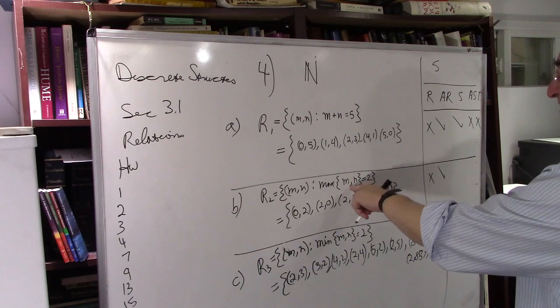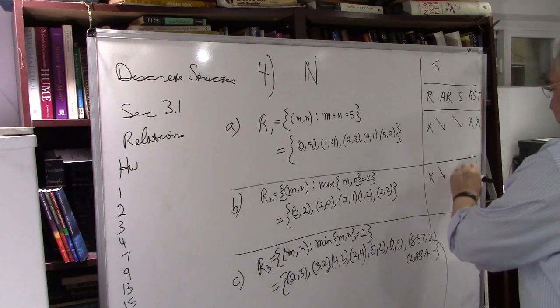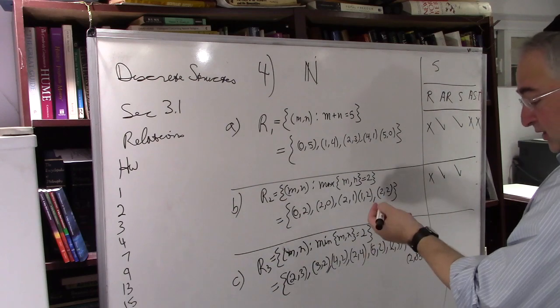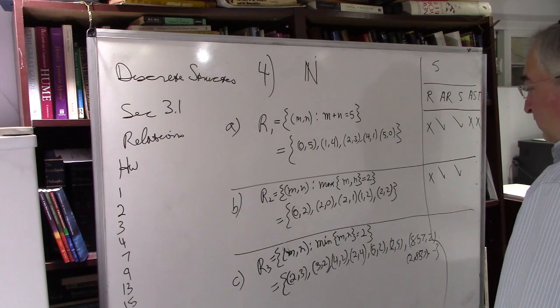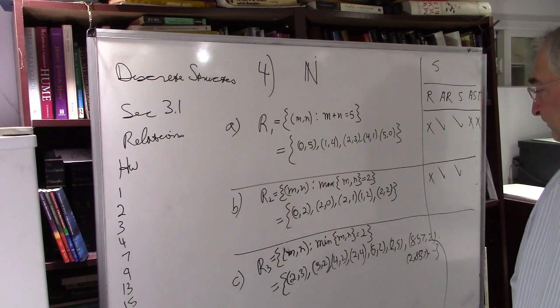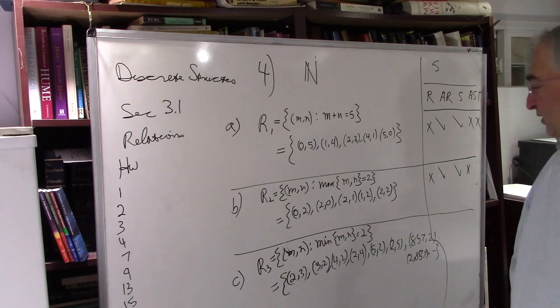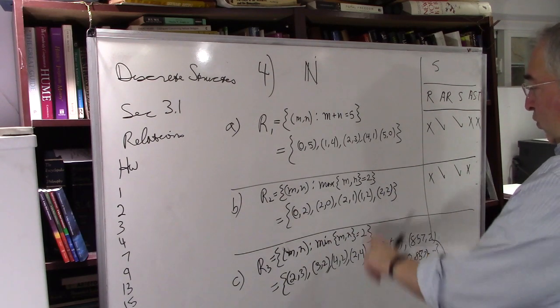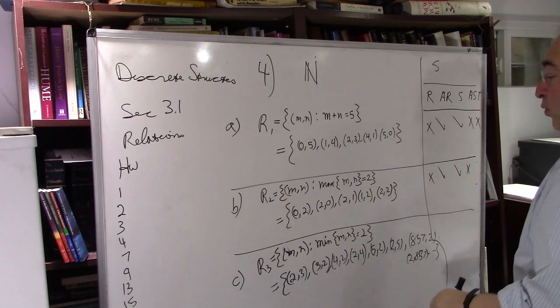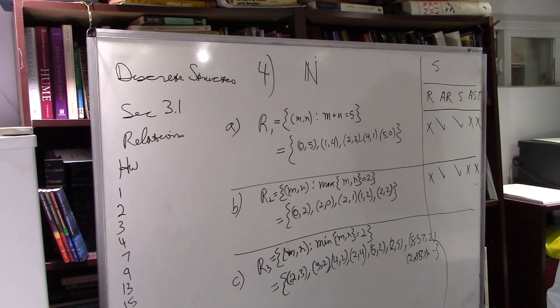Max of m, n is the same as max of n comma m. So it goes both ways. So it is symmetric. Is it anti-symmetric? No. Maybe. No, it's not anti-symmetric. Is it transitive? 1, 2 is in there, 2, 1 is in there, but 1, 1 is not in there, so it's not. Okay?